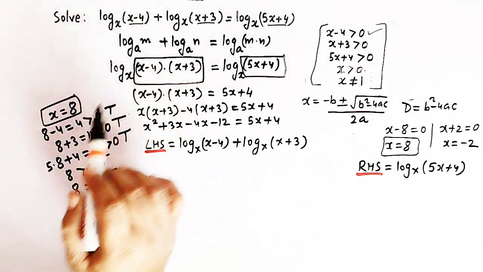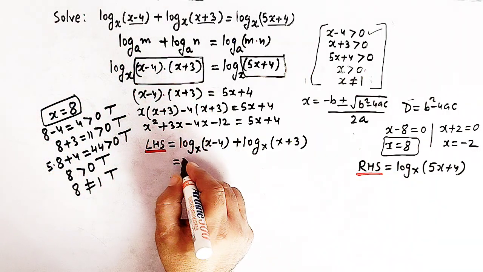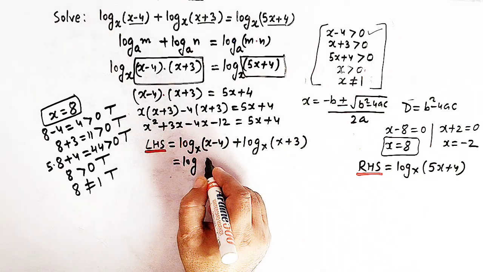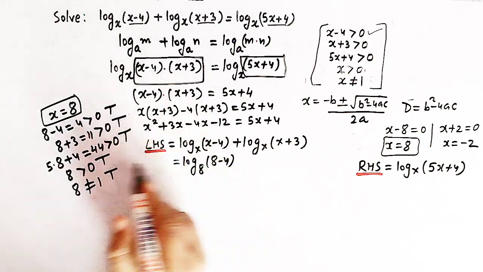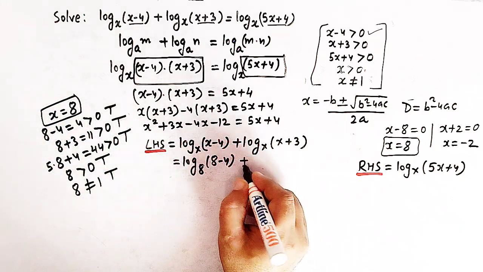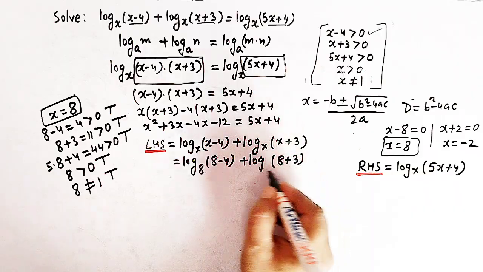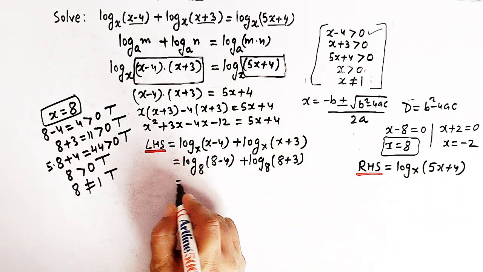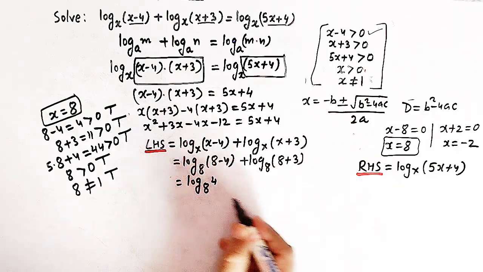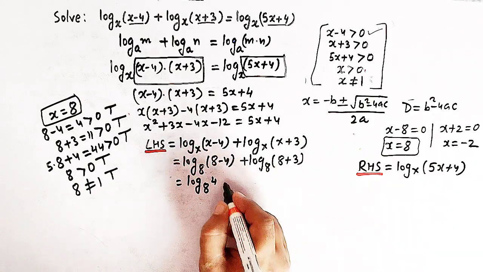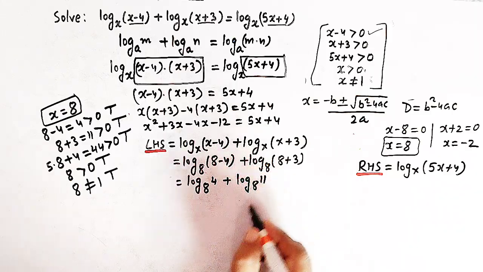So now let us take x is equal to 8 in the left hand side. So we have here a logarithm of 8 minus 4, here we have the base 8 because x is equal to 8. Then we have log of 8 plus 3, here we have 8. So now we can write logarithm of 4, here we have 8, 8 minus 4 is 4. Then we have log of 11 to the base 8.